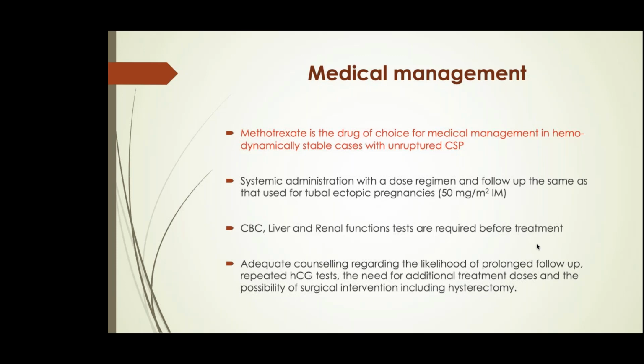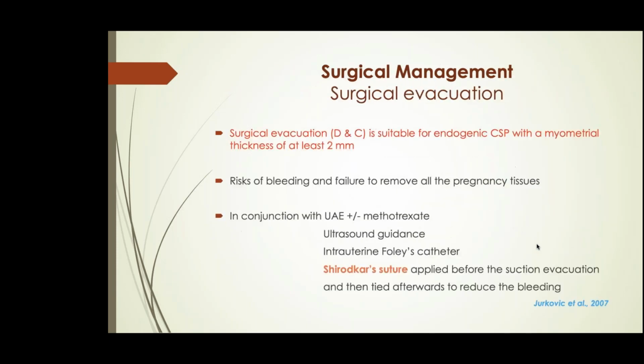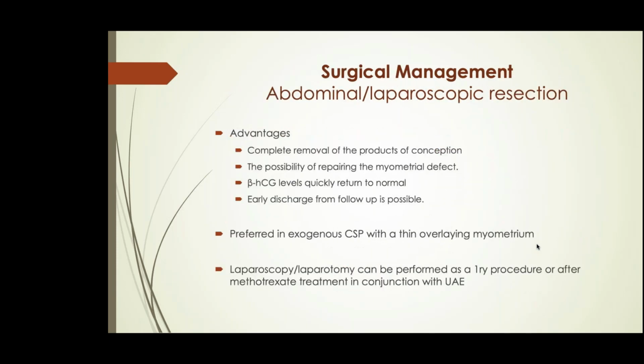So single dose, multiple dose, local injection inside the gestational sac, either the full dose inside the gestational sac or divided half and half, or in addition to other things like uterine artery embolization. So you do uterine artery embolization in addition to methotrexate. So you can have different options as we said here.